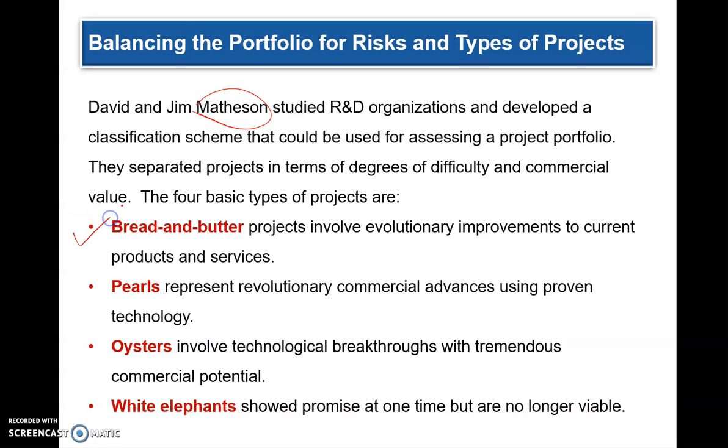This is a must-have. Pearls represent revolutionary commercial advances using proven technologies. Oysters involve technological breakthroughs with tremendous commercial potential. And then you have white elephants, which had promise at one time but are no longer viable.